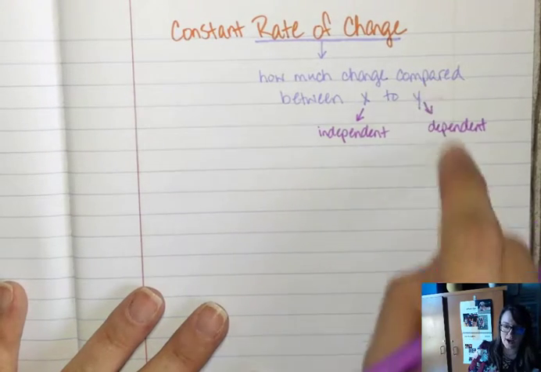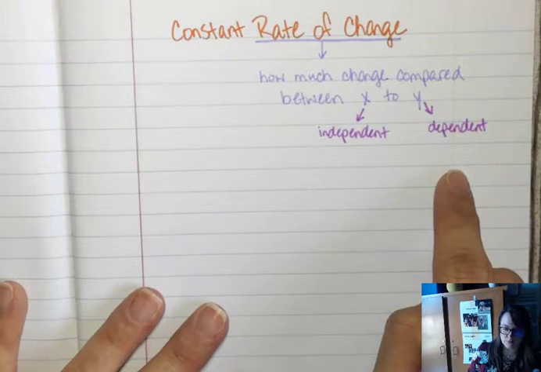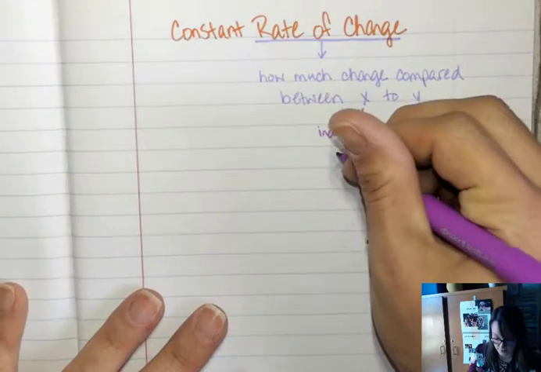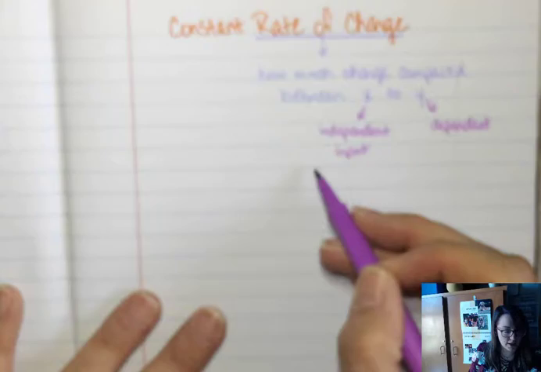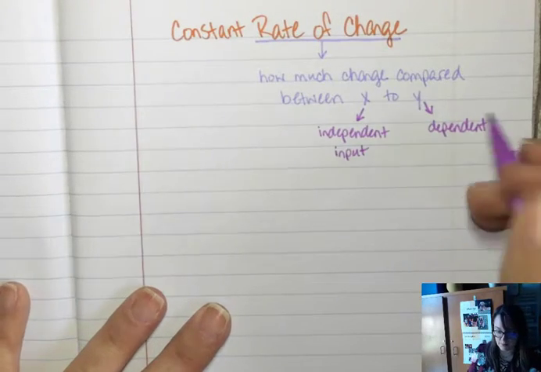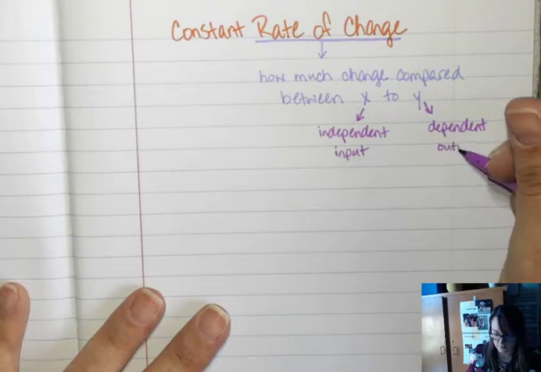So X is input, independent, input. Y is dependent, it's output.